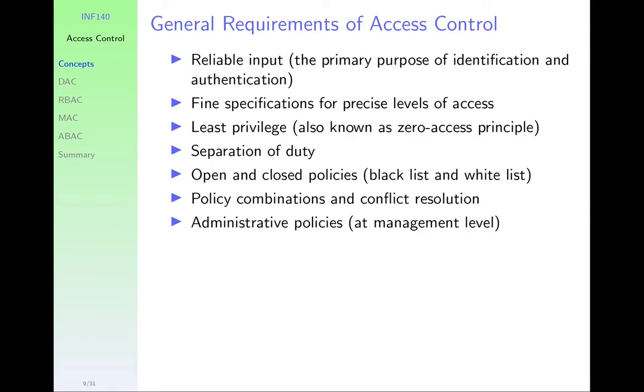And another one is called open or closed policies for access control. For open policies, it means all the users, all the identities in the system are allowed to access all the files, except some users who are specified as not being able to access some resources. So you can interpret it as a blacklist. I'm not sure whether you have put some of your old friends in your contact list as a blacklist.